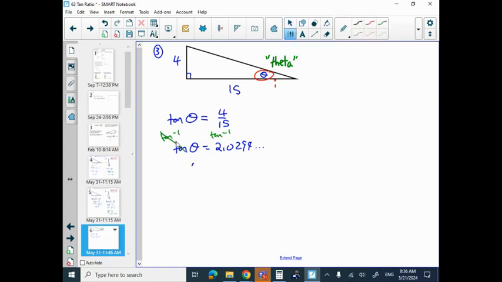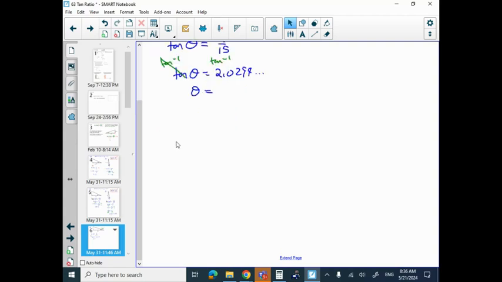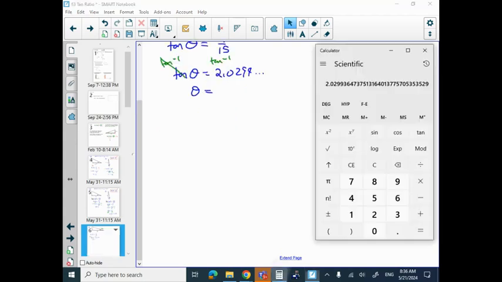So tan inverse of tan gets rid of tan, and it leaves us with the actual angle. So we just have to do tan inverse of that thing. So second function on this one is the little upwards arrow here, and then do tan inverse of that thing. It looks like it gave us 63.8 degrees.